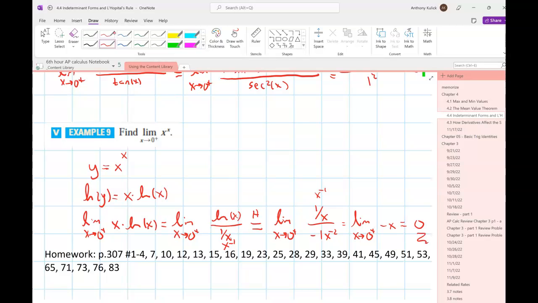So this is the limit of the natural log of y. So if I want this, then this is the limit as x approaches 0 of e to the natural log of y, which is going to be e to the 0, which is just 1.